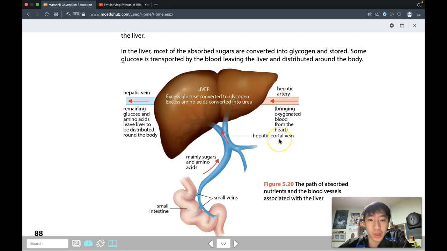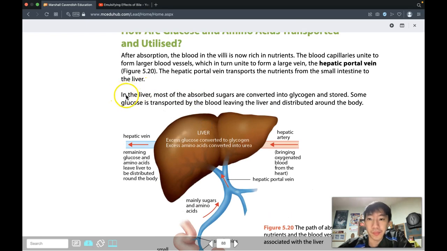This word portal is special, right? Why is it called portal? It's because it's carrying nutrients from the intestine to the liver. So it's one of the very rare veins whose job is not so much carrying blood, but carrying nutrients. Okay, so actually there will be a very high concentration of nutrients over here. Then the nutrients will be sent into the liver.